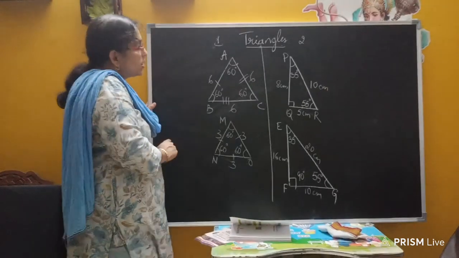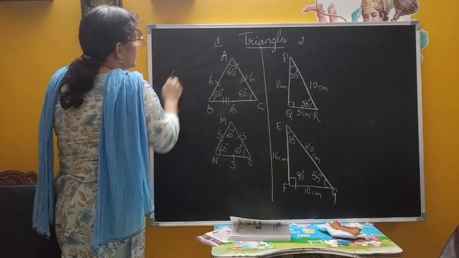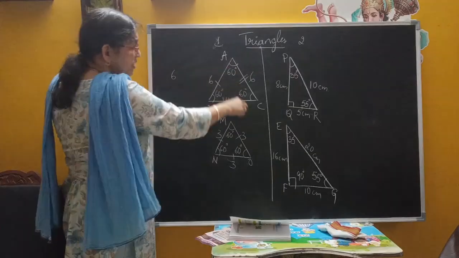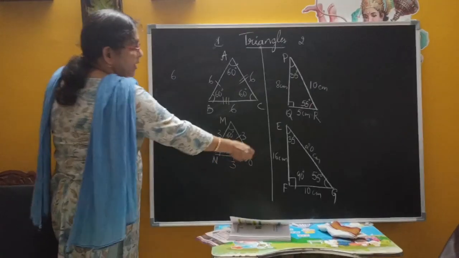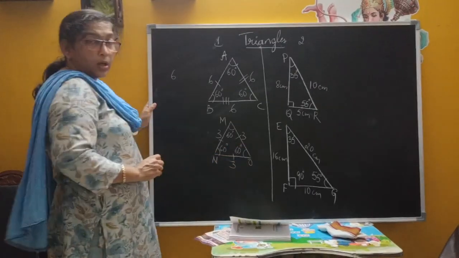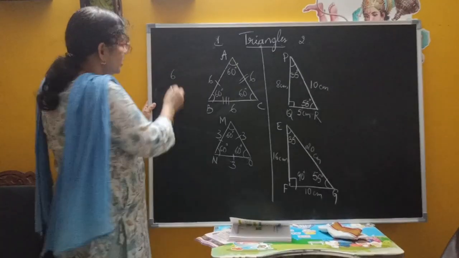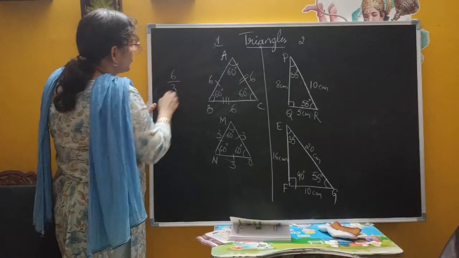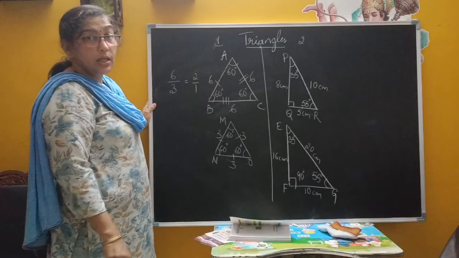Now let us see the sides of this triangle. See this one, it is 6 centimeter each, and this one it is 3 centimeter each. Can you find any relation here? That is 6 by 3, how much do we get? It is 2 by 1, or 2:1, isn't it?